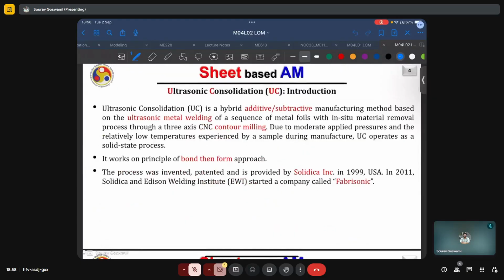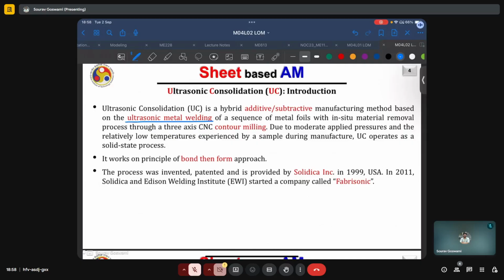Ultrasonic consolidation is a hybrid additive subtractive method based on the ultrasonic metal welding of a sequence of metal foils with in situ material removal process through a 3-axis CNC contour milling.